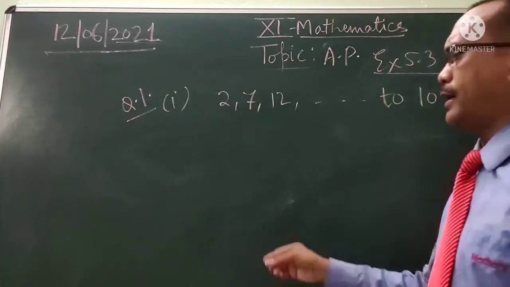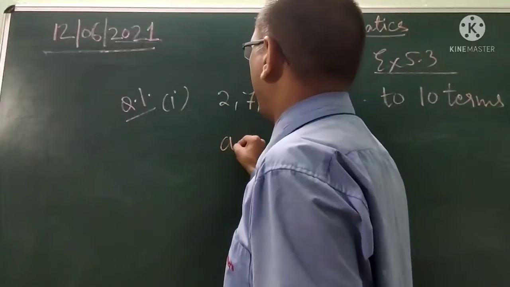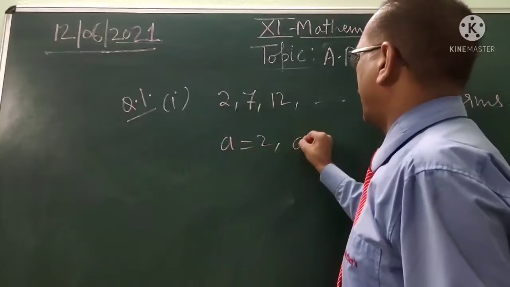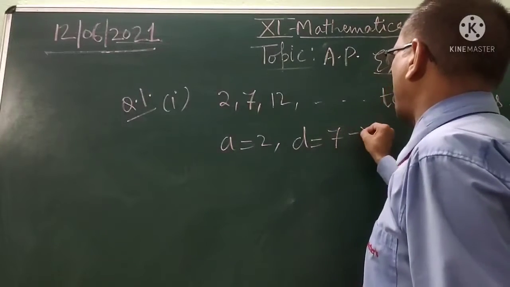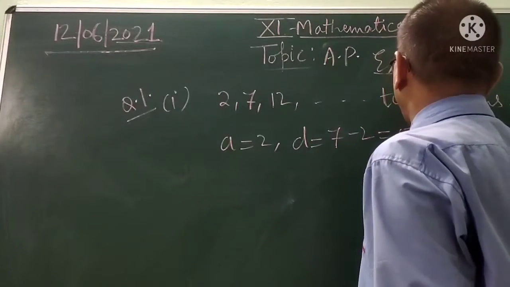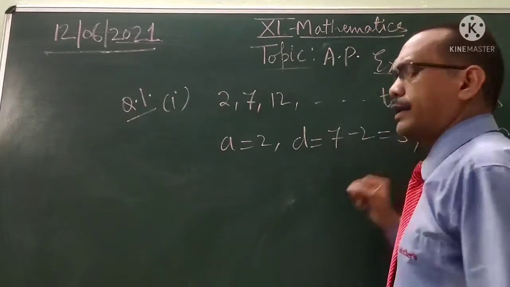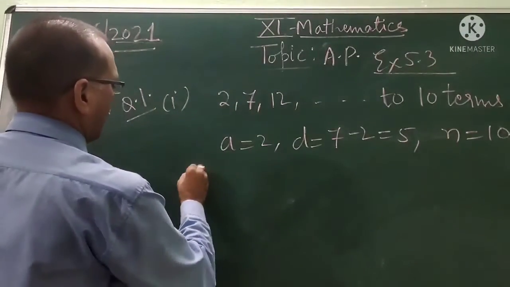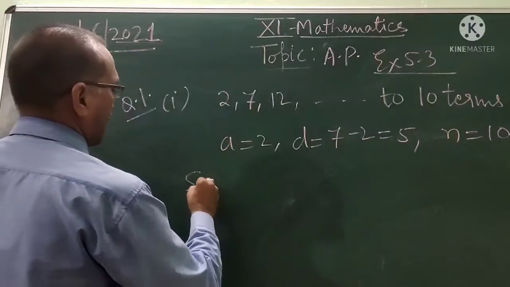Student, here a equal to 2, common difference d is 7 minus 2, or it is 5, n equal to 10, and you know the formula of Sn, sum of 10 terms.